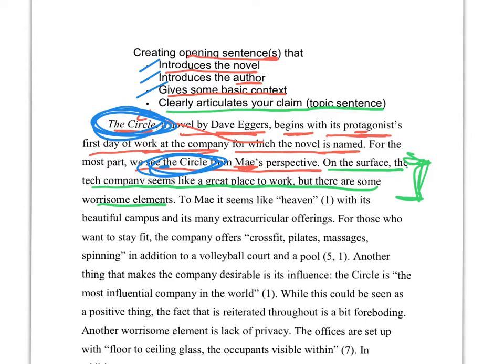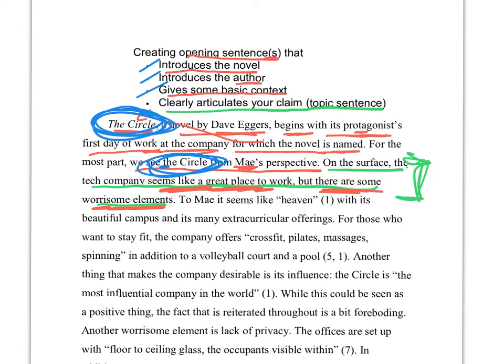So in this one, the clear position is there are some worrisome elements. That's the central idea, that this paragraph is saying that, yes, there are some really good things about it. It seems like a great place, but the writer of the paragraph believes that the worrisome elements seem to be overshadowing that. So it allows you to do both things.